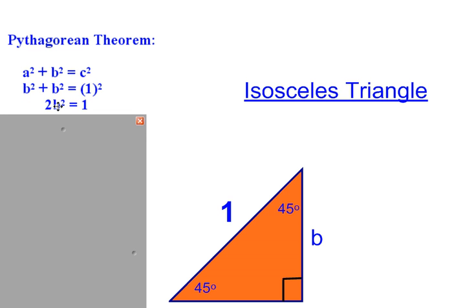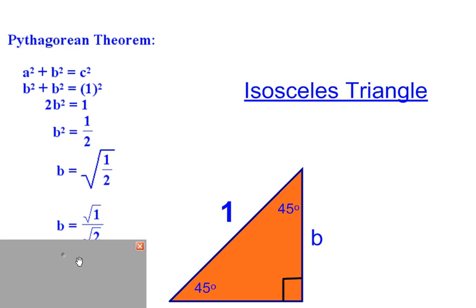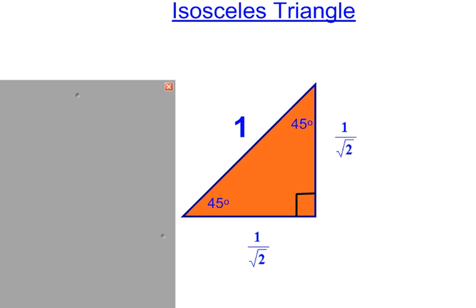That's 2b squared, equal to 1. We isolate b squared by dividing by 2, then take the square root on both sides. That gives me b equals square root of 1 over square root of 2. Square root of 1 is 1, so b is 1 over square root of 2. And that's our second special triangle.